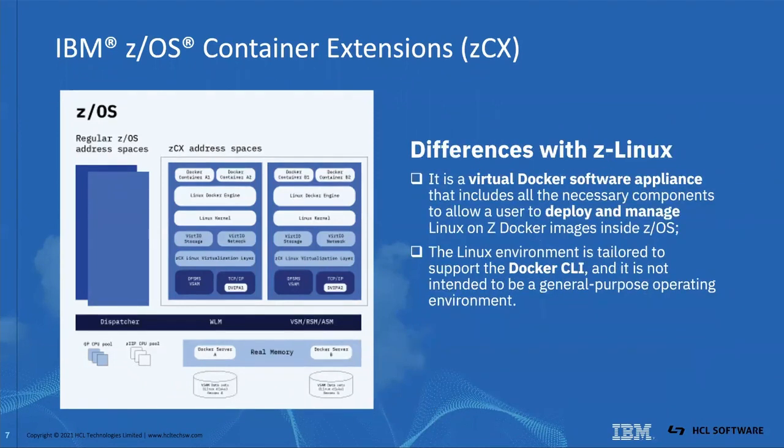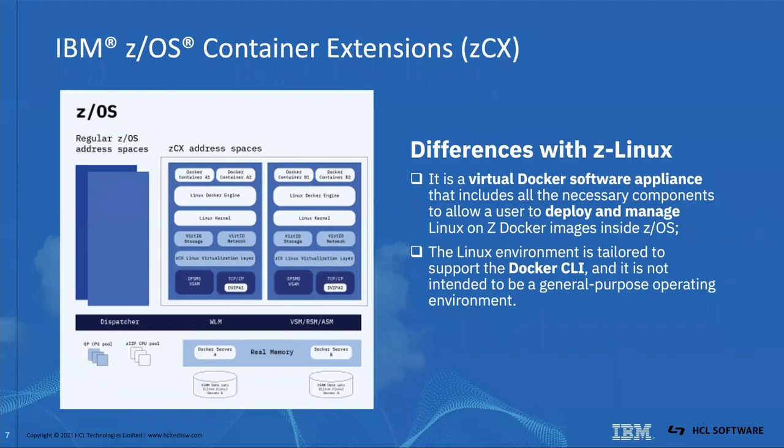What are the differences between a zCX extension and a zLinux real system? Well, the zCX contains only part of the Linux system. It actually contains everything that is needed to run Docker software appliances, but not more than that.